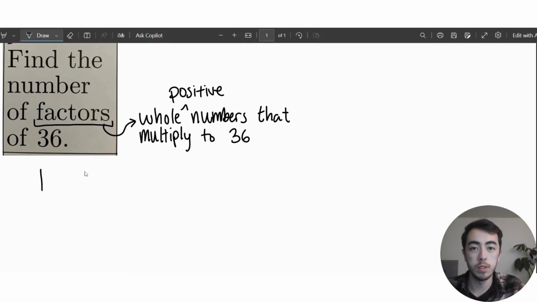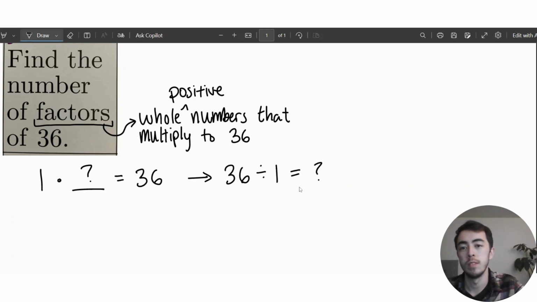And to check if a number is a factor of another, I need to do 1 times another whole number equals my target number, 36. And this right here, where I have multiplication and I don't know one of my numbers, this actually feels like a division problem to me, where I could rethink it as 36 divided by 1 equals what?